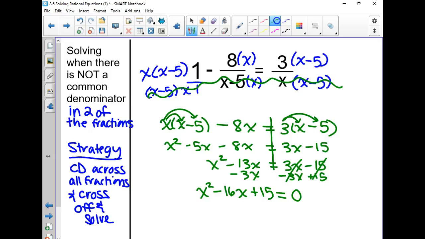Factor it first. Do not do the quadratic formula until the last thing. I won't count you wrong, but you are doing yourself a disservice. Why? Because pre-calc and calculus especially are loaded with factoring.